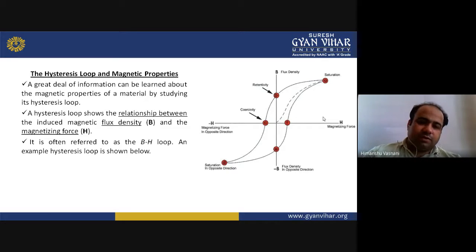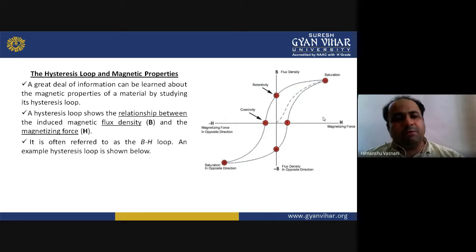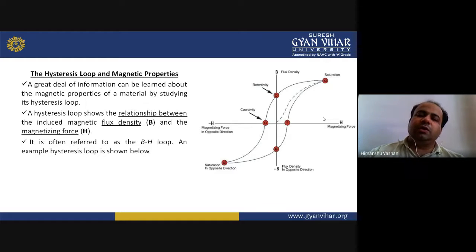Now, a great deal of information can be learned about the magnetic properties of a material by studying its hysteresis loop. They say that a hysteresis loop shows the relationship between the induced magnetic flux density, that is capital B, and the magnetization force, capital H. You can see in the curve shown on the right hand side, the magnetization force, capital H, is shown on the horizontal axis, and the magnetic flux density, capital B, is shown on the vertical axis.